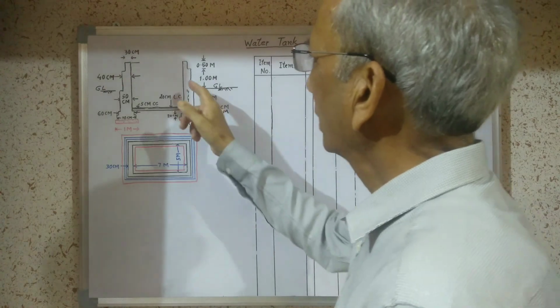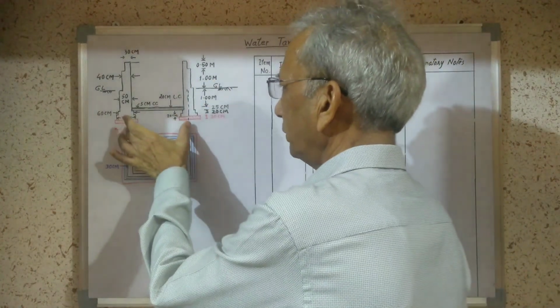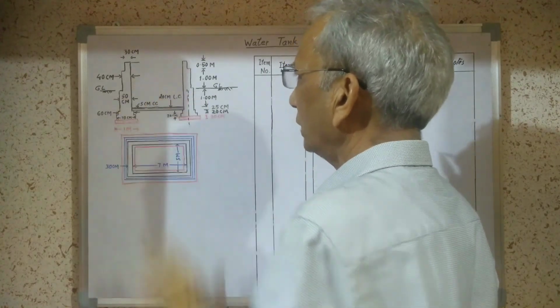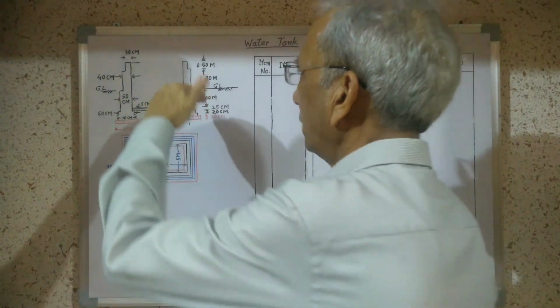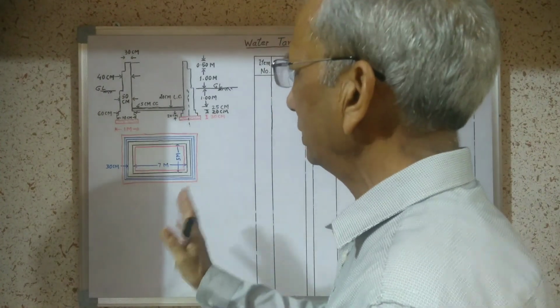Therefore, we will do the calculation with the center line for the items below ground level, and for above ground level we will calculate center to center distance differently.